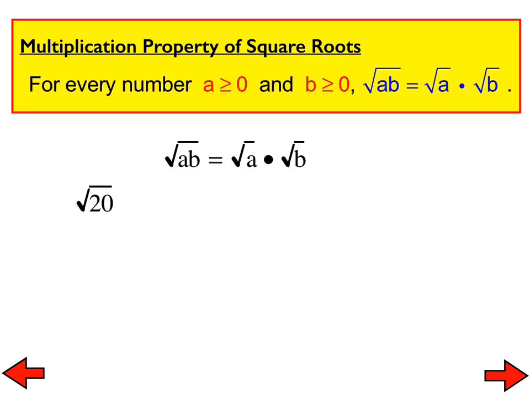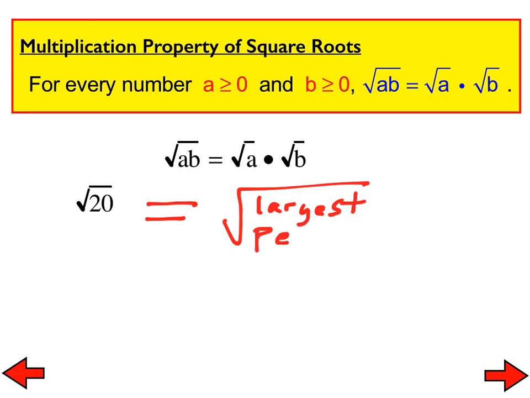So what I am saying is this. I want to break this up into the largest perfect square that goes into 20, and then whatever the other factor is that will make 20 when we're multiplying. That's how we want to start simplifying radicals.